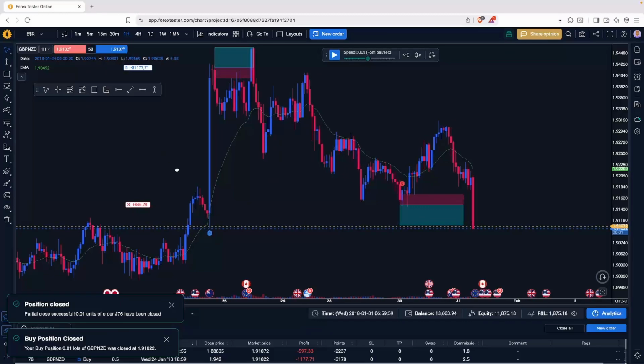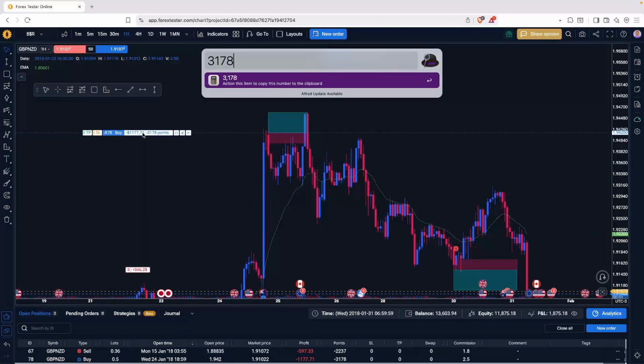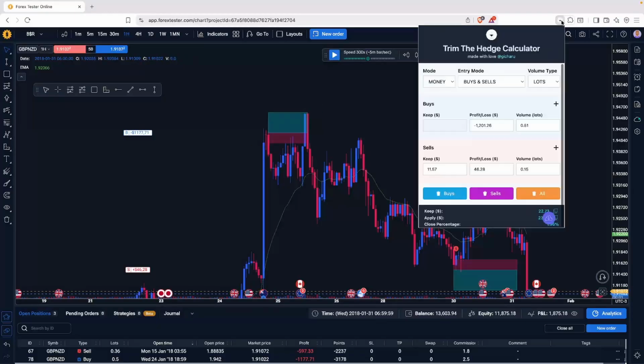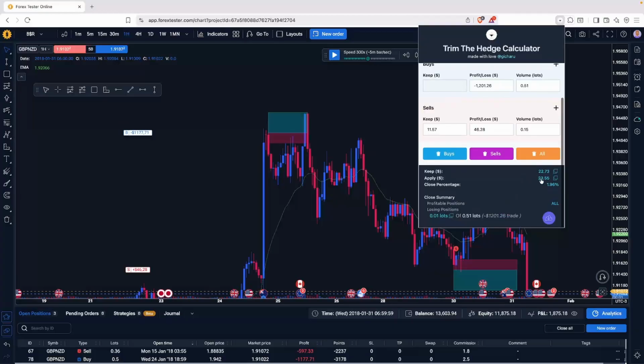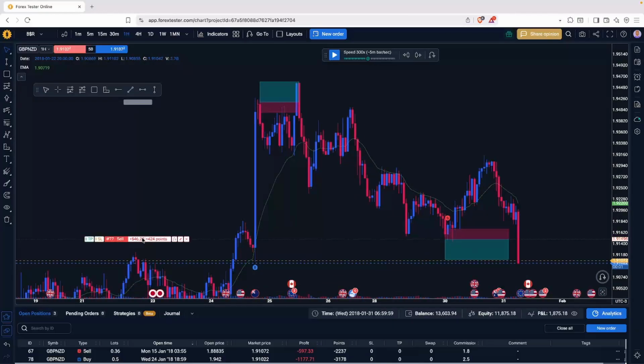Now if we can check this number of points, now look at this, 3178, and you've just closed 0.101. So we've just taken like $31 worth of applied profits, and I think that should be similar to what this one was saying. No, it was saying 23. So yeah, I guess the numbers could be almost similar, but in this case you've just grown a 0.01 lot loss to $31.